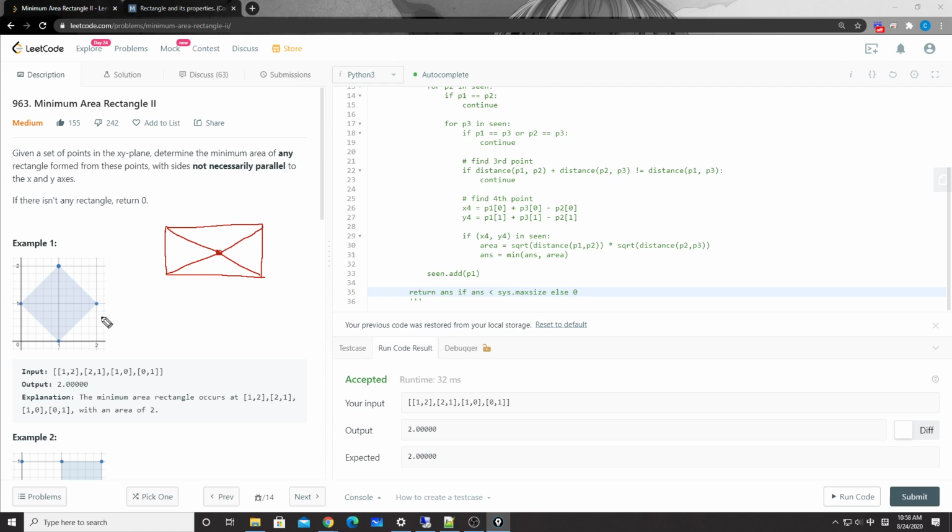Those two diagonals can rotate to any direction. So they can rotate like this, and they can also rotate somewhere here. So this is one of the rectangles, and this is also one of the rectangles. Basically there's going to be an infinite number of rectangles that these two diagonals can form. So that's how we are going to find our 4 points here.